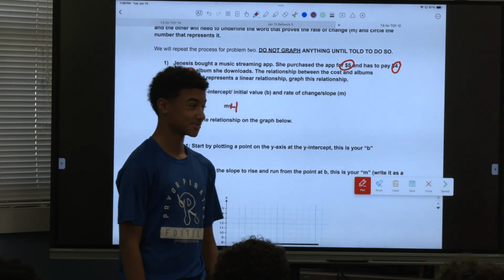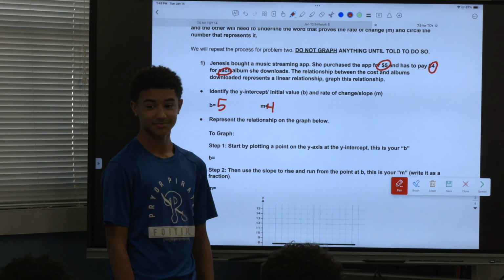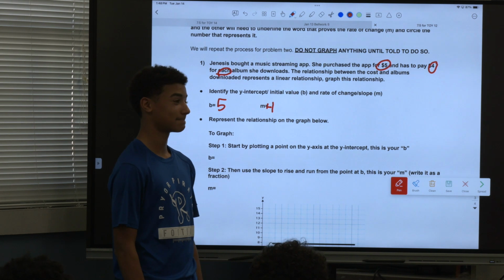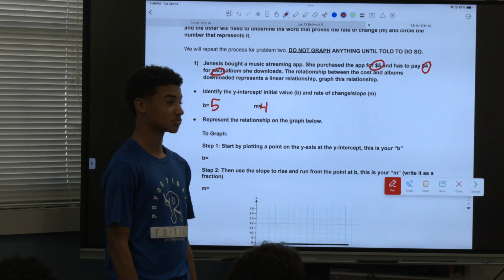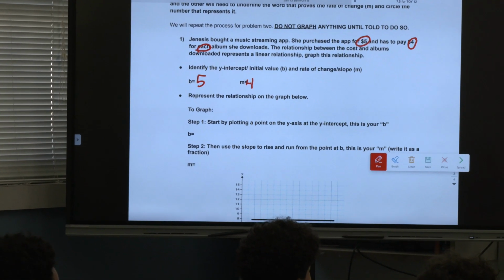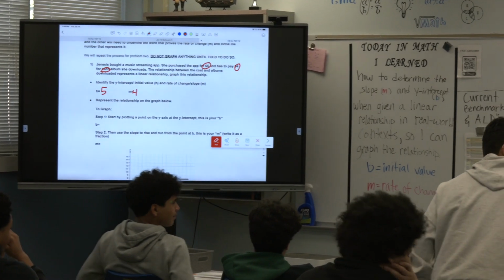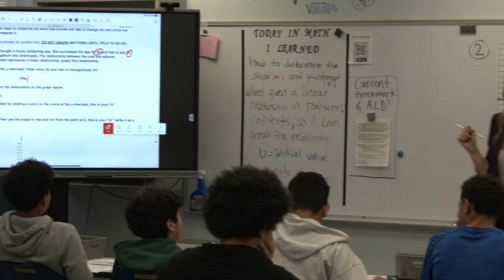He said, I know that each or per is my rate. So I know that M is 4. And the only other number is 5. Perfect. Y'all have a seat. That was great. Okay. Does anybody know how to explain why 5 is the starting point?